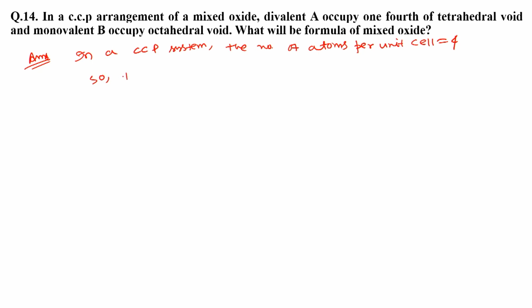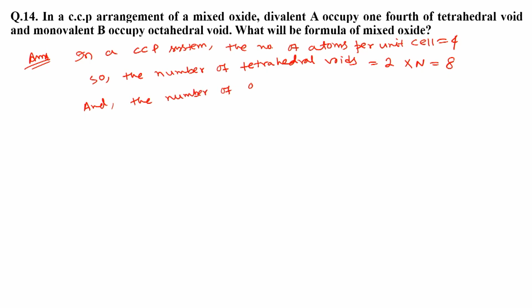So the number of tetrahedral voids is 2 times n, so we get 8, and the number of octahedral voids is n, which is 4.